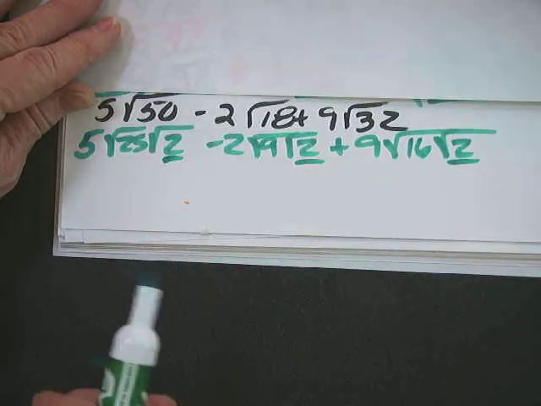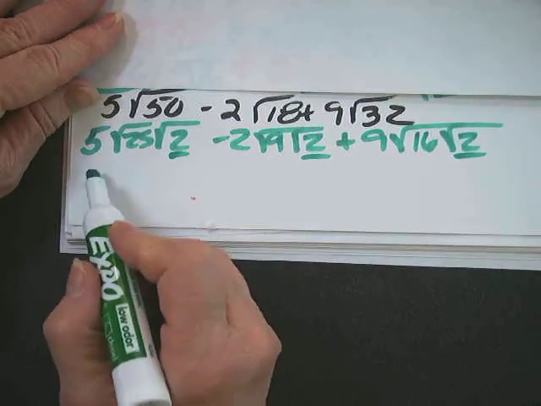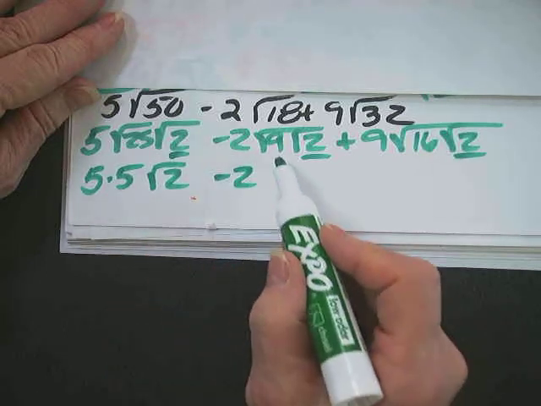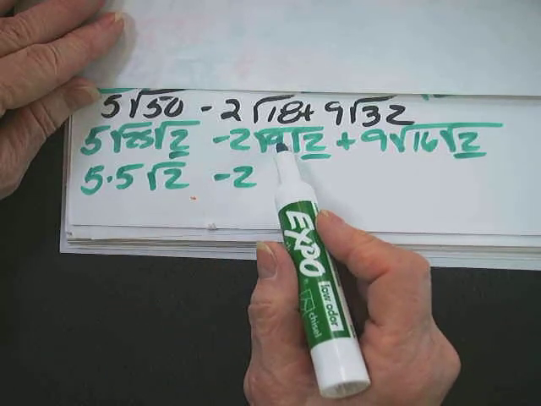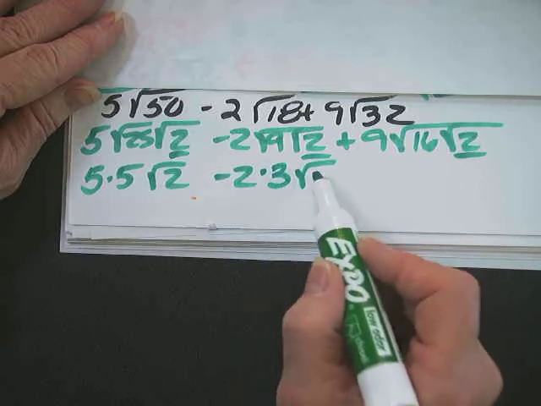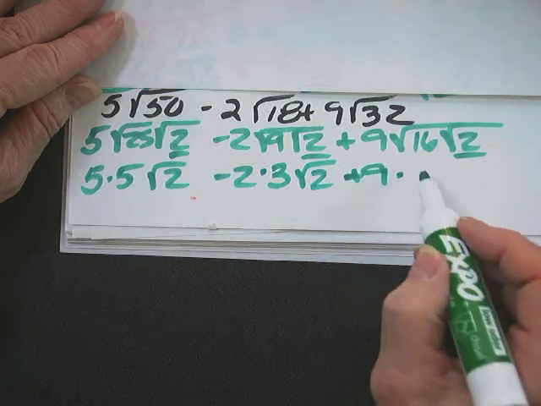Perfect square. 9, right. And perfect square into 32, don't use 4, there's a bigger one. 16. And you could have almost guessed it would be a 2, right?